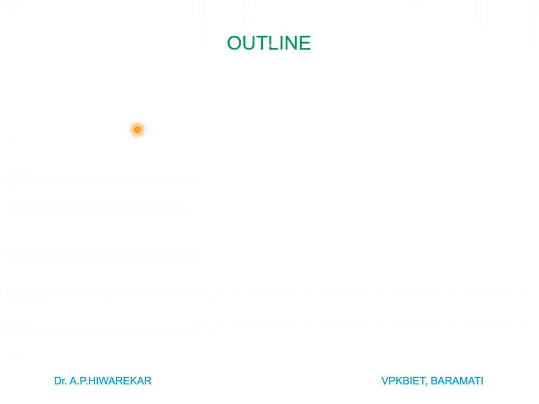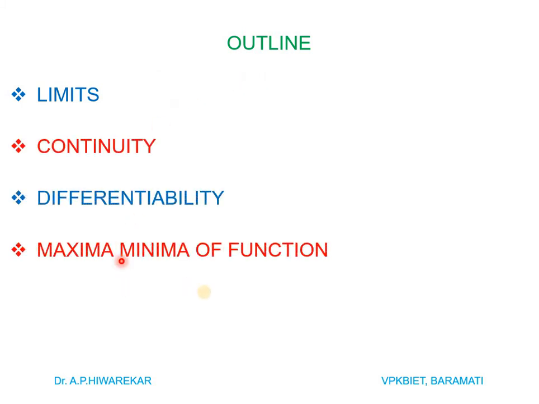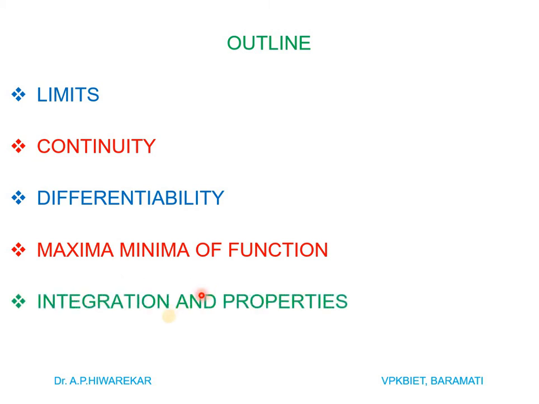In the last period we already discussed the first part, that is limit. The outline of this lecture series involves limits, continuity, differentiability, maximum and minimum of a function, integration, and properties. And in the first lecture we already discussed the problems of limits along with the basic concepts involved in that.